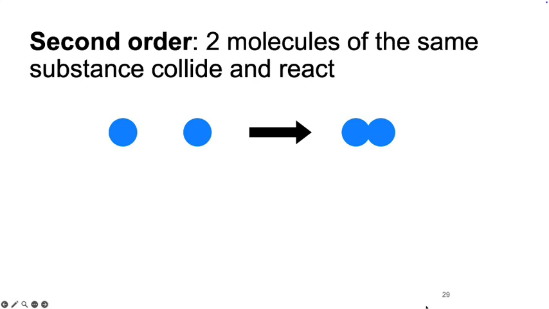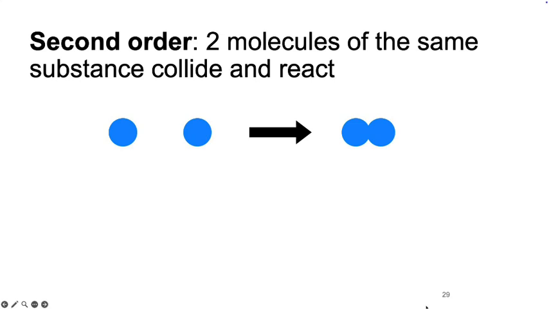When we're talking about these mechanisms, what part of the reaction do we care about? That's a hard question. Mechanisms are all about speed. And if we're talking about speed, the only thing we care about is the reactants.